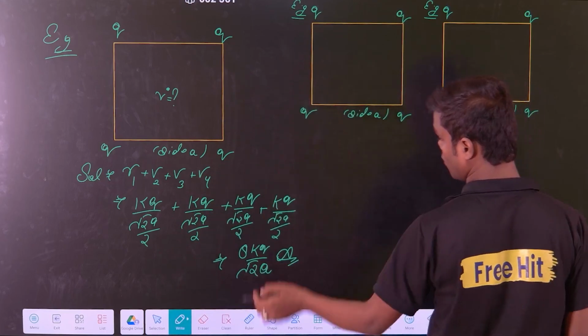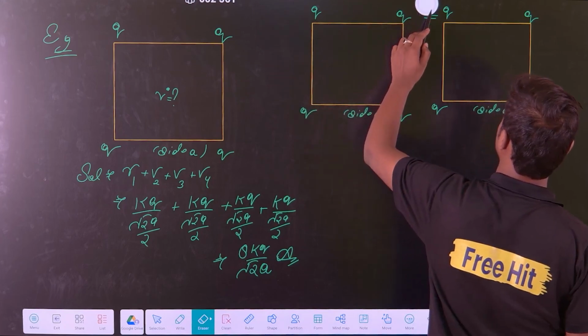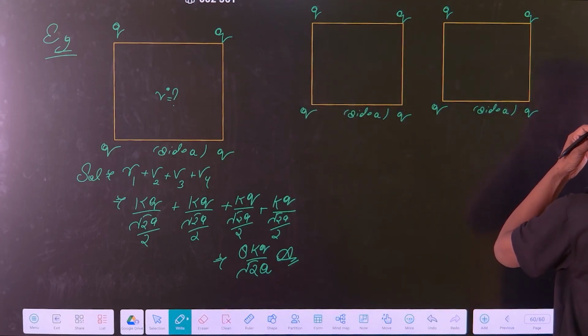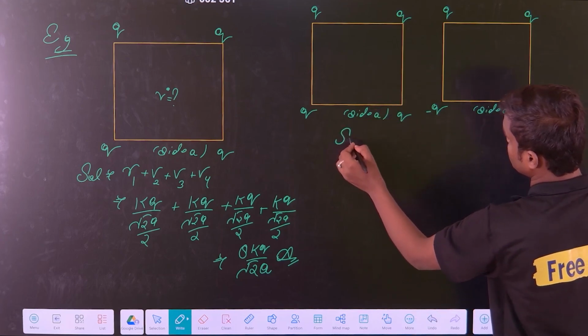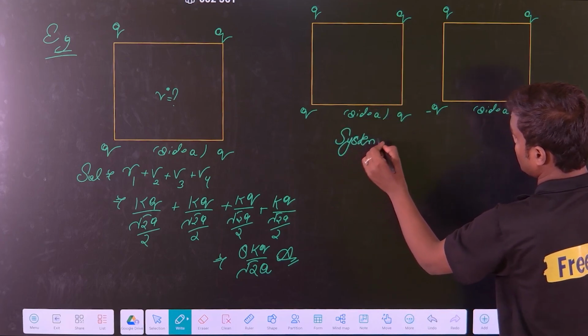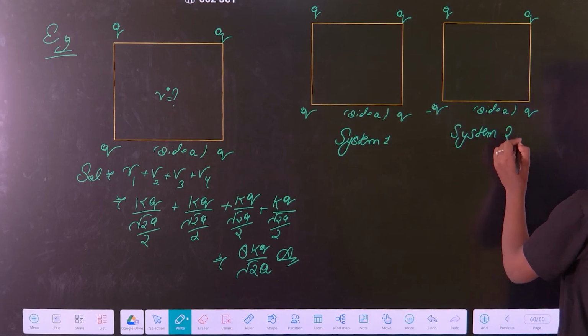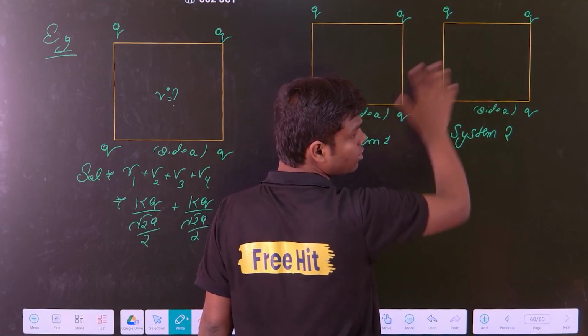Now I have made one change. Just see, this is my initial system, system 1, and this is my system 2. So from this system I am going to this system.